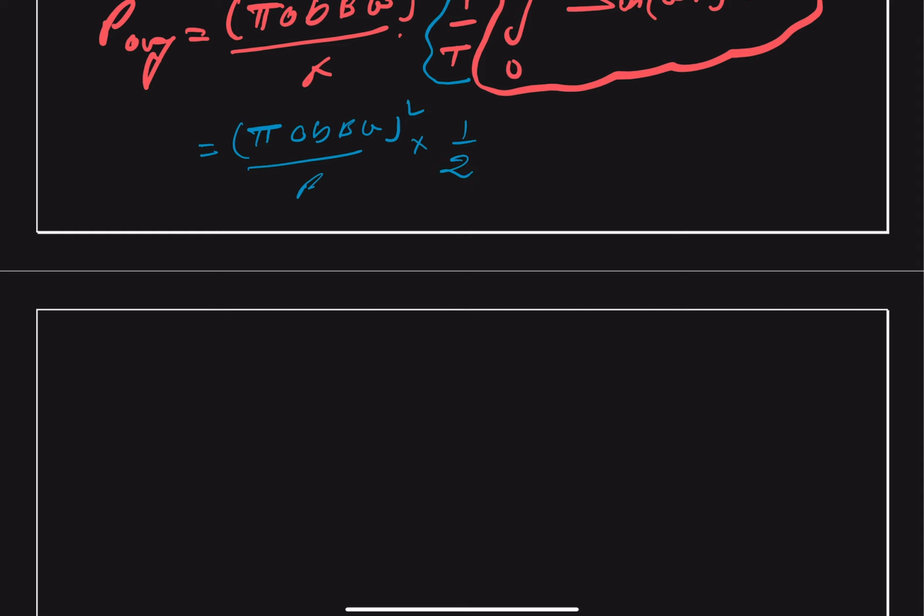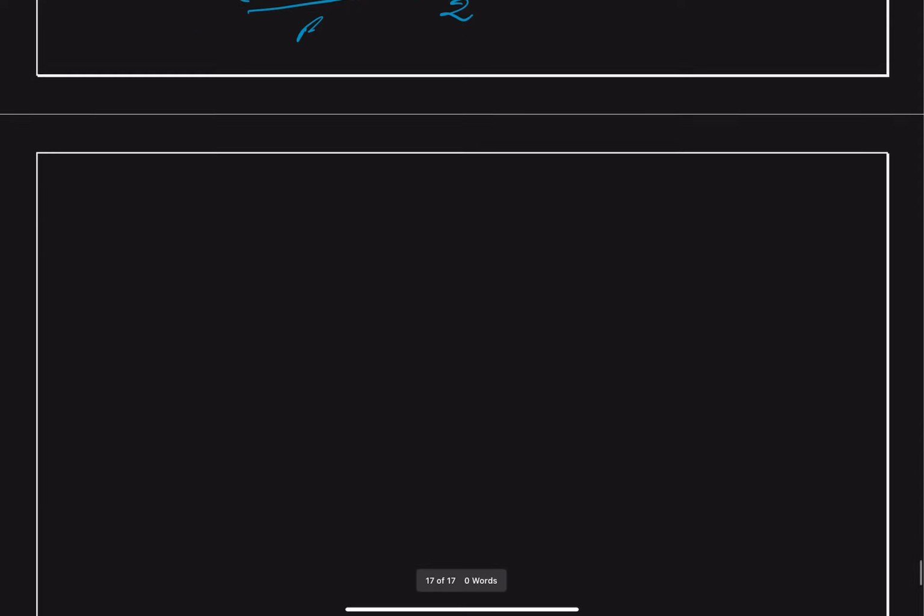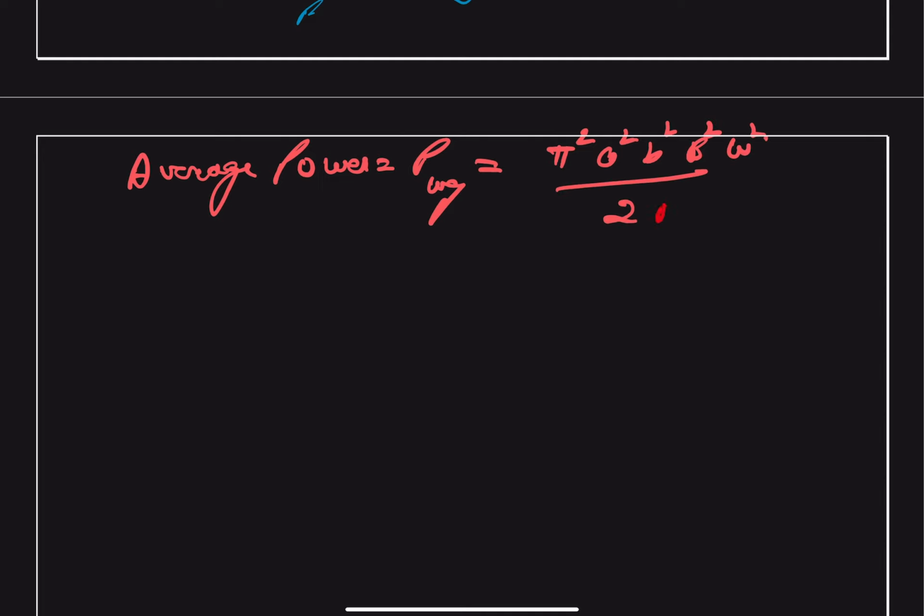Therefore the average power, P average, is equal to pi square a square b square magnetic field square omega square divided by 2R.